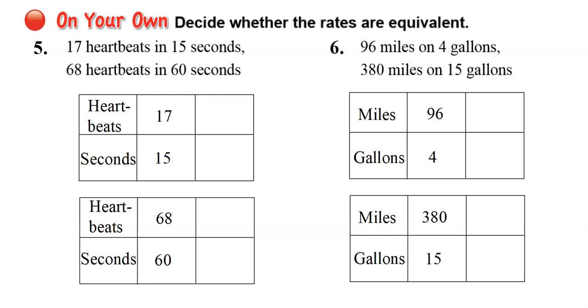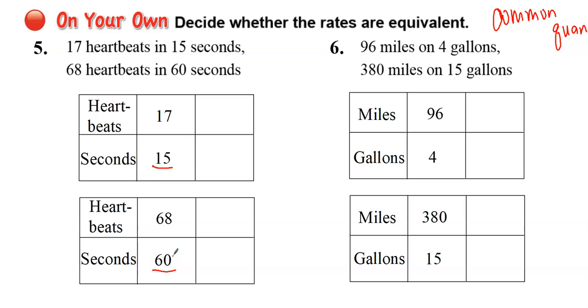But I'm going to challenge you to find a common quantity to compare, because anybody can get a calculator and divide 17 by 15 and 68 by 60. I think it's more interesting if you turn it into a common quantity problem. So I'm comparing the 15 and the 60, because it's per second.